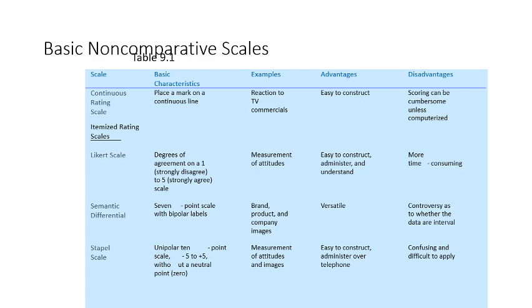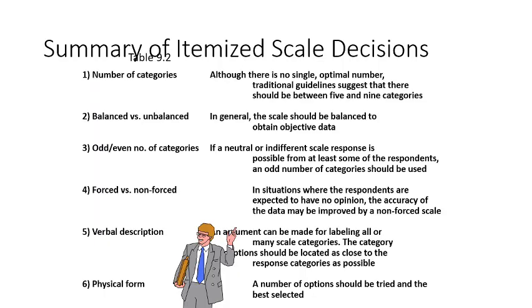These are the basic non-comparative scales. I have discussed a few of them, the mostly used ones: the Likert scale, semantic differential, and Stapel, with their basic characteristics, examples, advantages and disadvantages. I am not going to discuss them in detail.